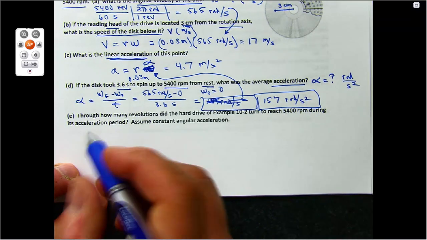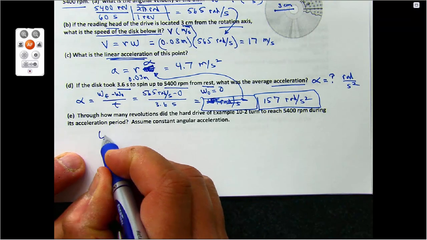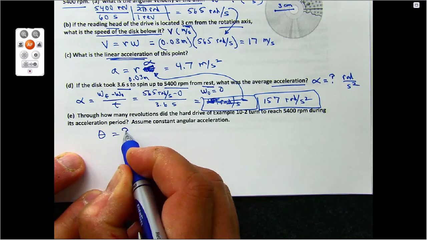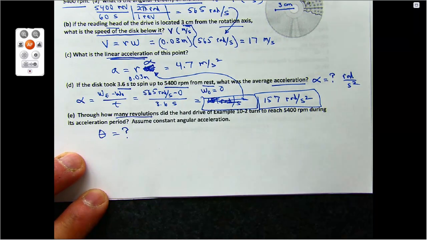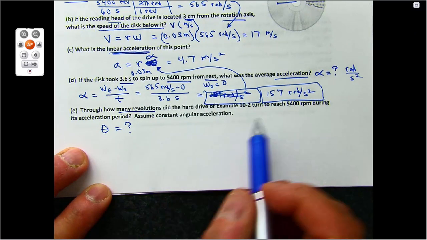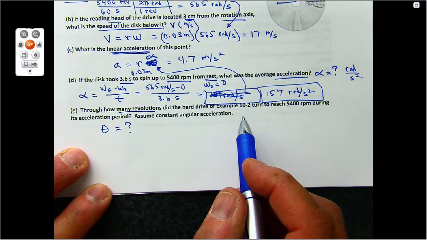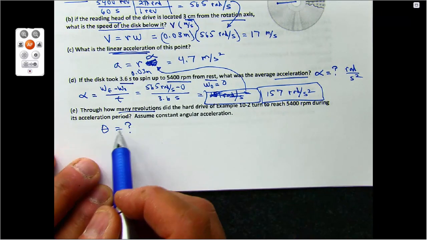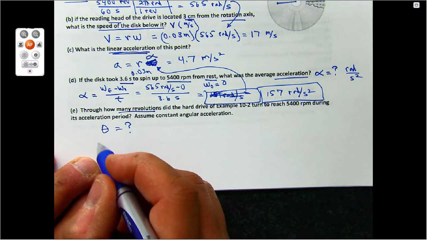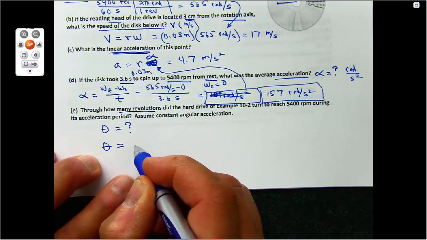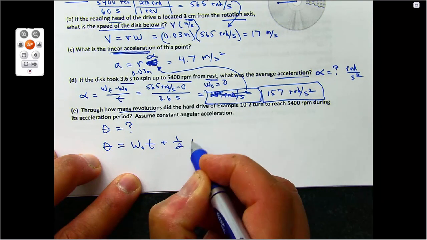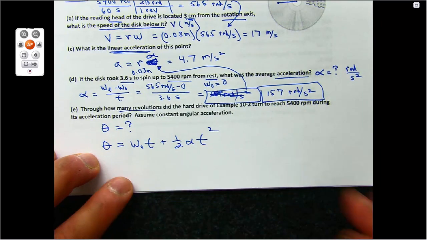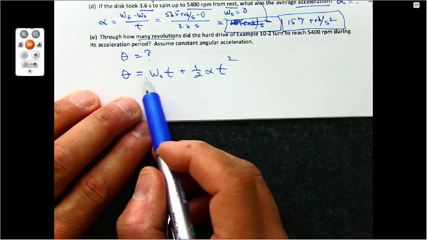All right, real quick on the last one. We're looking for how many revolutions did it take to come up to 5,400 RPMs. This will give us radians. So we're going to use this equation. This is our linear distance equation.